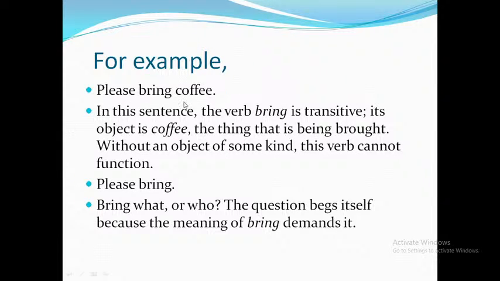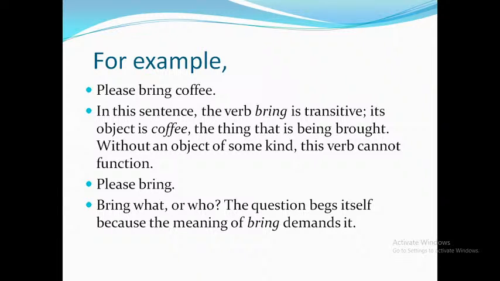For example, you can see, please bring coffee. So here bring is our verb and coffee is our object. Now see this one. In this sentence the verb bring is transitive, of course, because its object is coffee. The thing that is being brought, meaning what is the thing which is being brought?